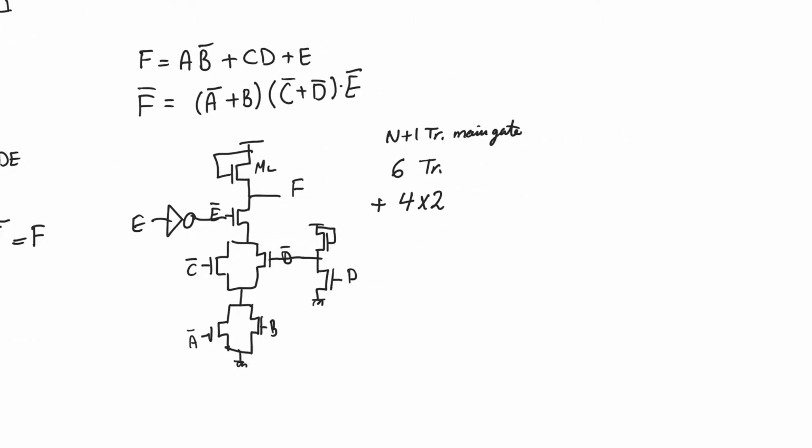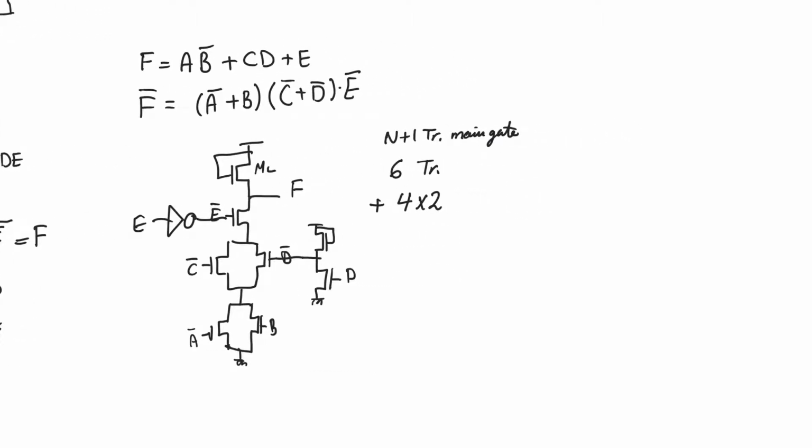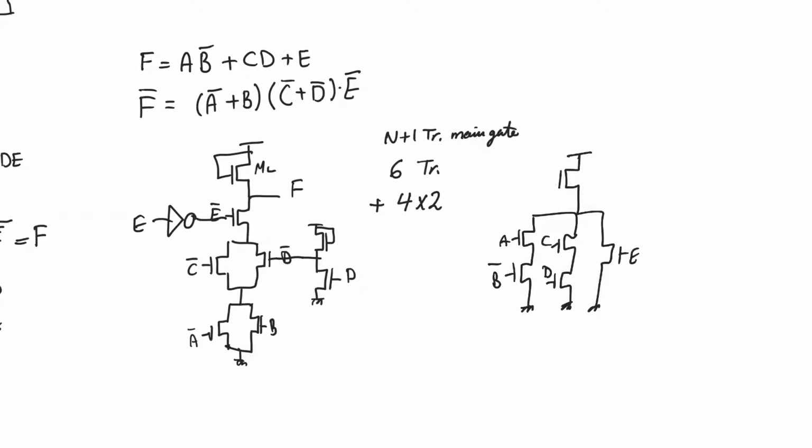There was another option to implement this logic function that would have been a lot better. If we took the expression of f and implemented that, so we have a and b in series with b bar, then c and d in series, then e bar, and then e finally in series, and this is the PDN, and there is always a load at the top.